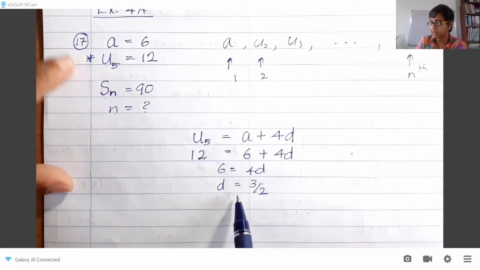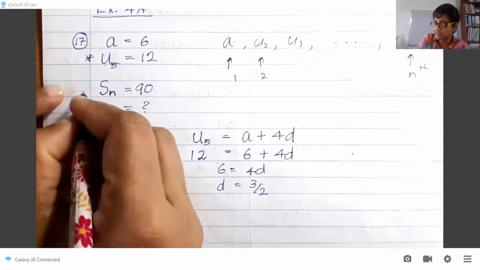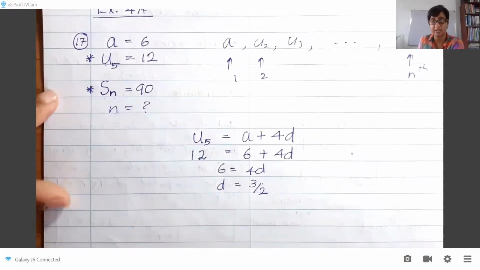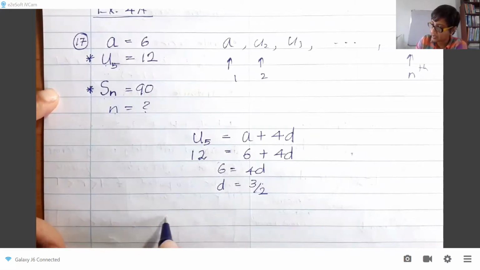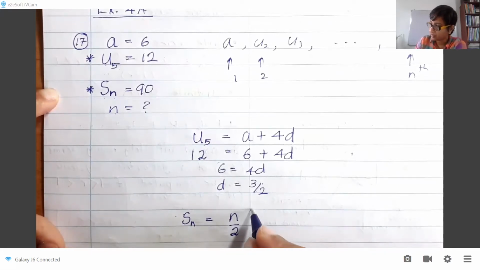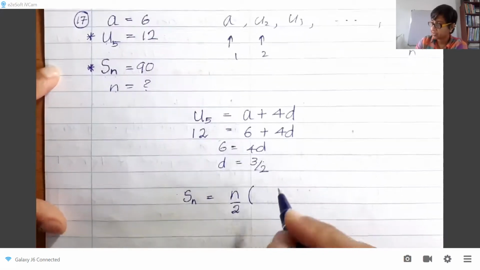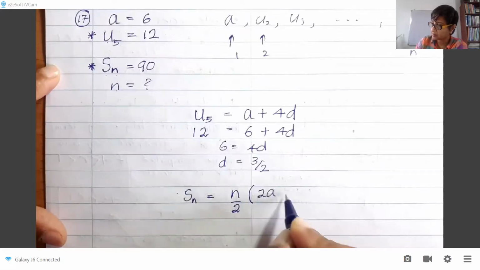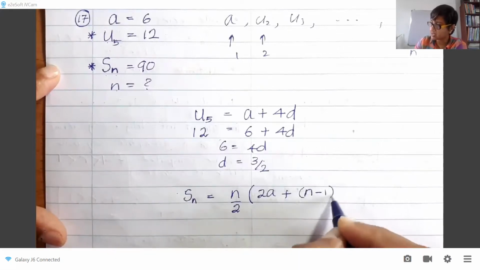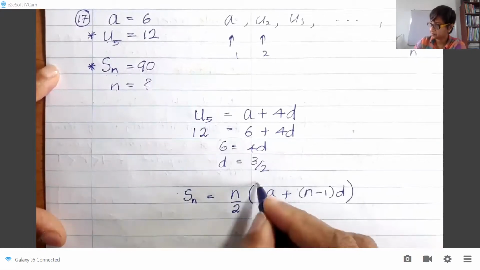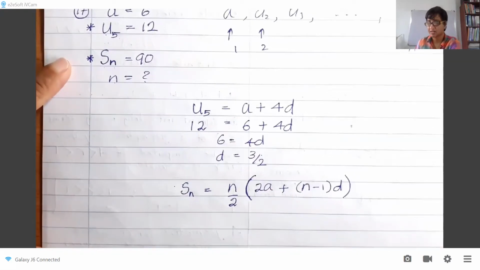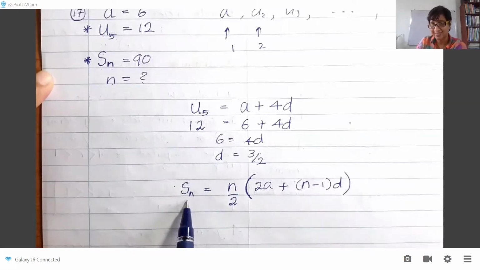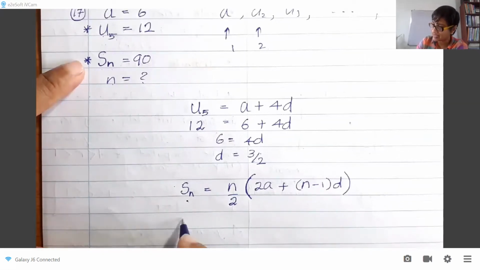Now, I'm sure that would help me to find n. Here's the second information given to me, Sn, which I can use in that formula. What's the Sn formula? Let me write it first. Sn is n over 2, and I'll use the one with D in it because I found D here: 2A plus (n minus 1) times D. So I know what Sn is. Sn is 90.